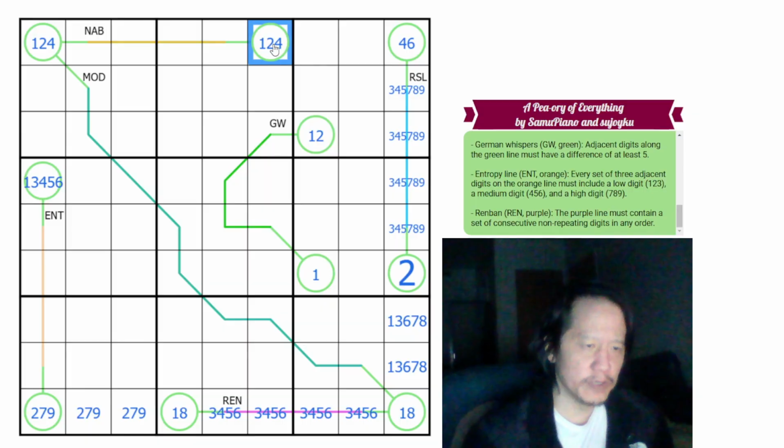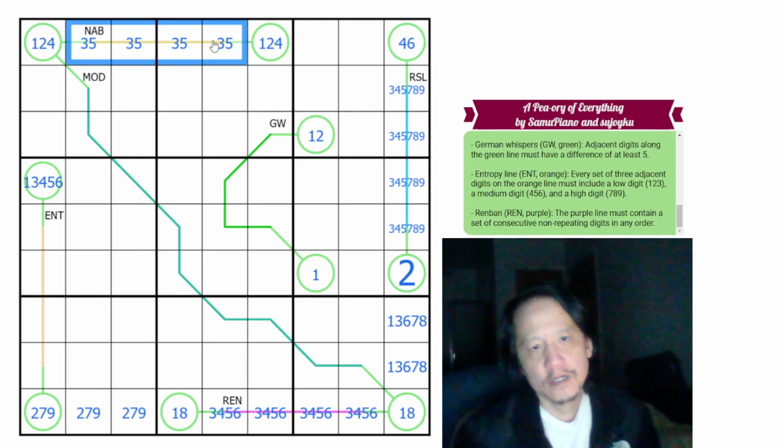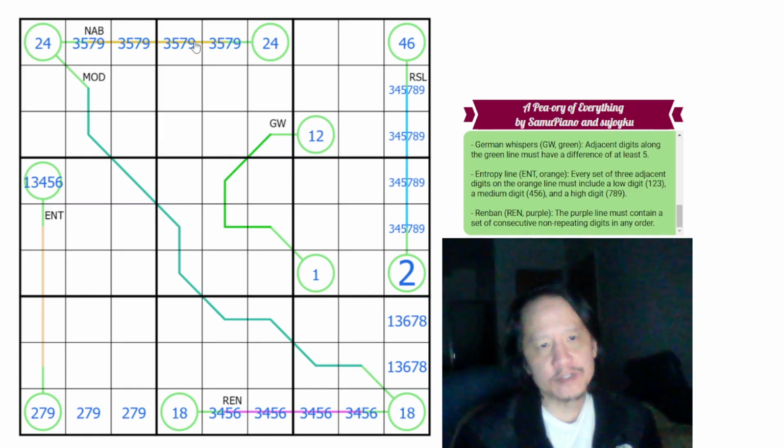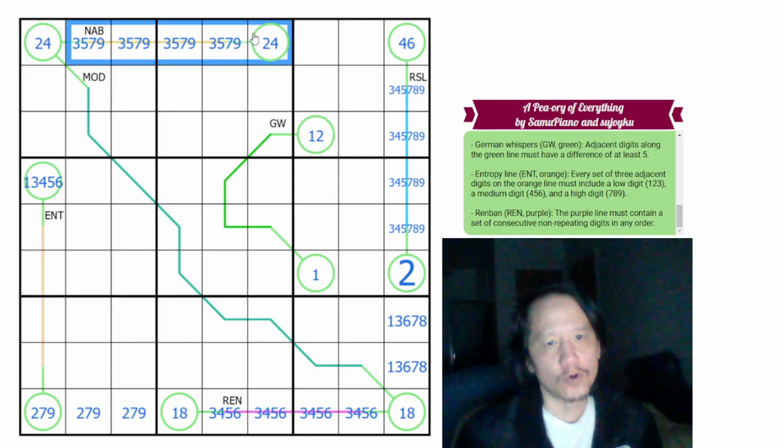What would it be, though? Actually, no, 21 does not work either. If you try to have 21, the Nabner line would have to be 3, 5, 7, 9, which would add up to 24 anyways. So therefore, this is always 24. We tried to have a teen, it doesn't work. The only one that does work is 24 with 3, 5, 7, 9.